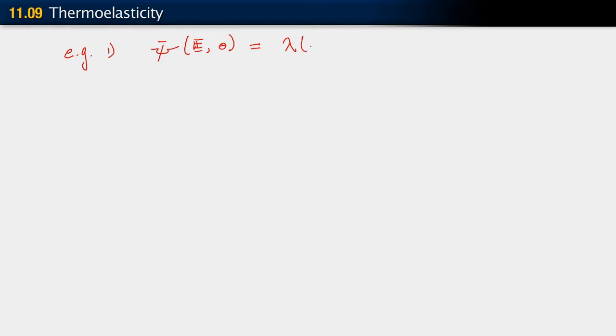Well, the simplest dependence is if they are now functions of temperature. So maybe we have lambda of theta multiplied by some function f of E, plus mu of theta multiplied by a function g of E, for isotropic materials.